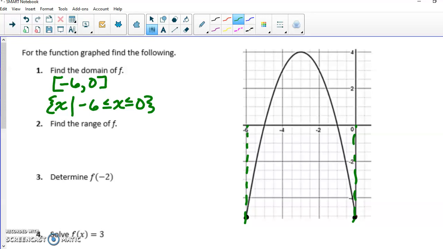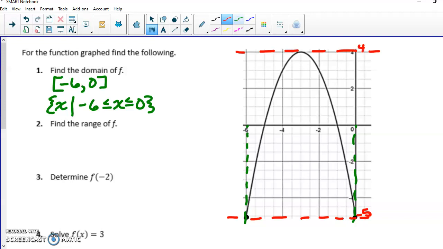Now let's go ahead and look at that range. For our range, our y's have a value here and a value here that tell us the two boundaries of this range. And this is at a -5, and this is at a 4, please notice.